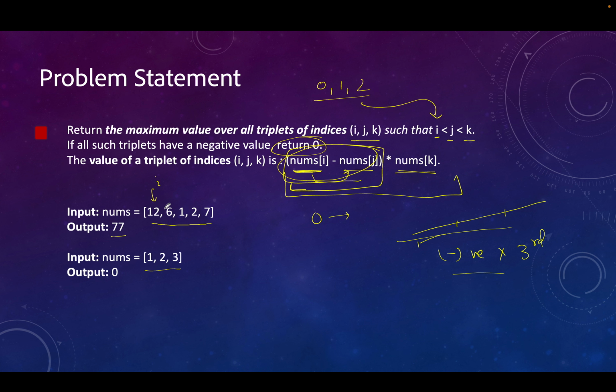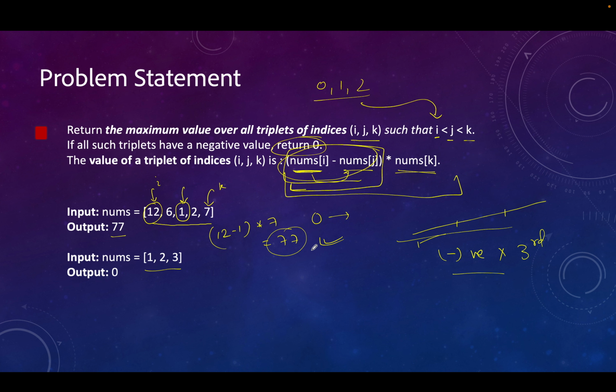So let's say i is here, and if you see, you can pick j here, 1. So how much is the difference? It is 11, 12 minus 1, and let's say k is this, multiplied by 7, so it's 77. If you see any other value, let's say i was 12, then 6, it's 6 multiplied by 2, 12. So you will get a smaller value. So this is the largest.